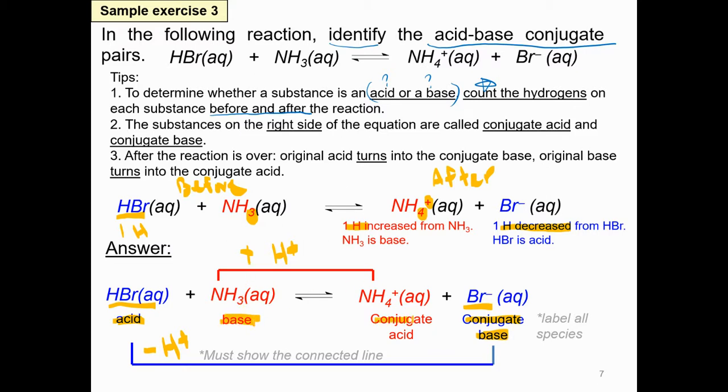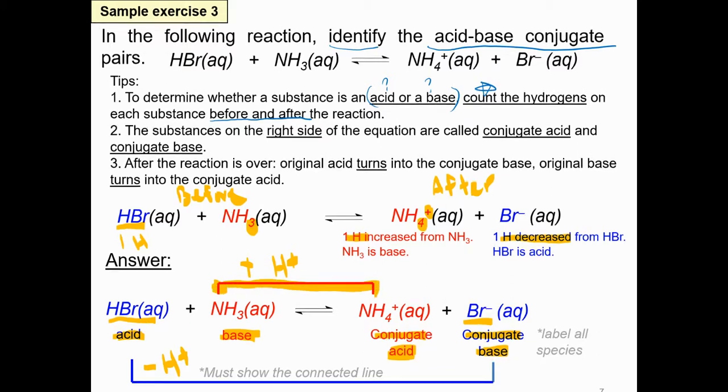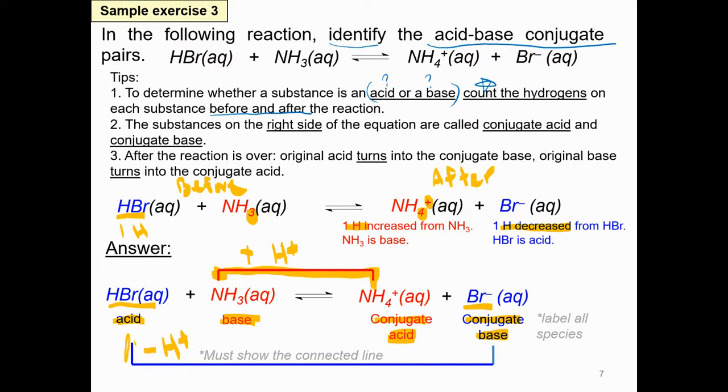And after the reaction, when the species accepts a proton, it is called conjugate acid. For this type of question, remember to write down acid, base, conjugate acid, conjugate base. And don't forget to draw the line to show that they are one pair.